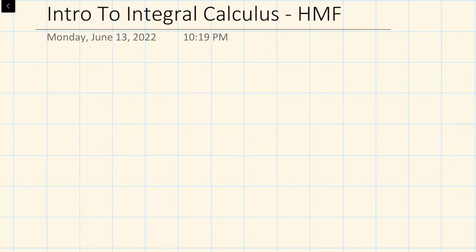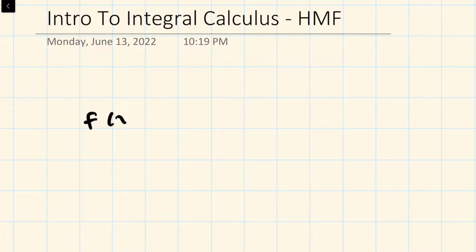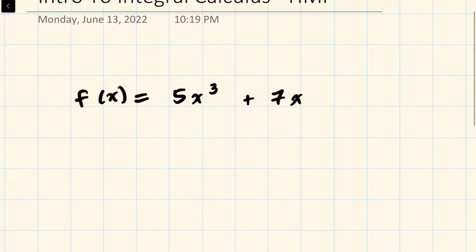Say we have a function f of x equals 5x cubed plus 7x. If we found the derivative of that, we all know by now it's 15x squared plus 7.